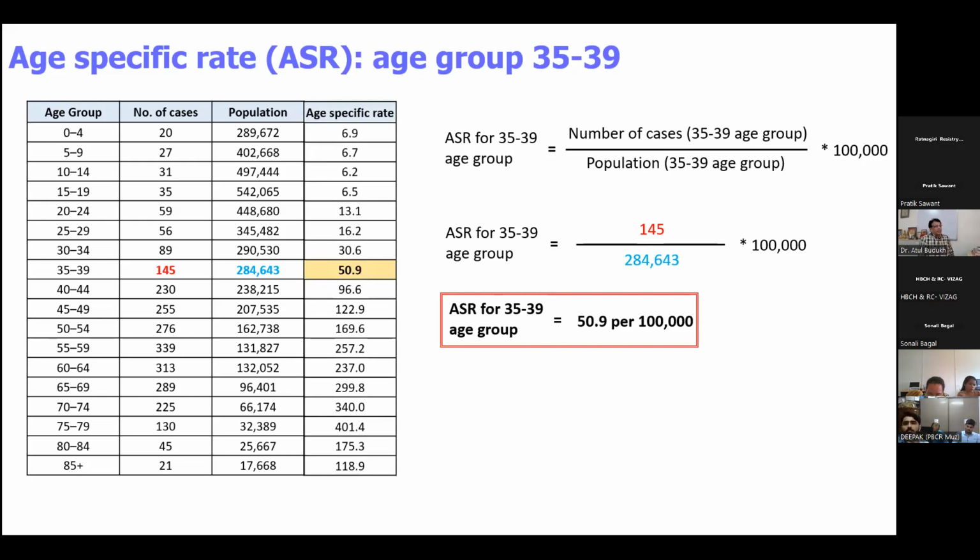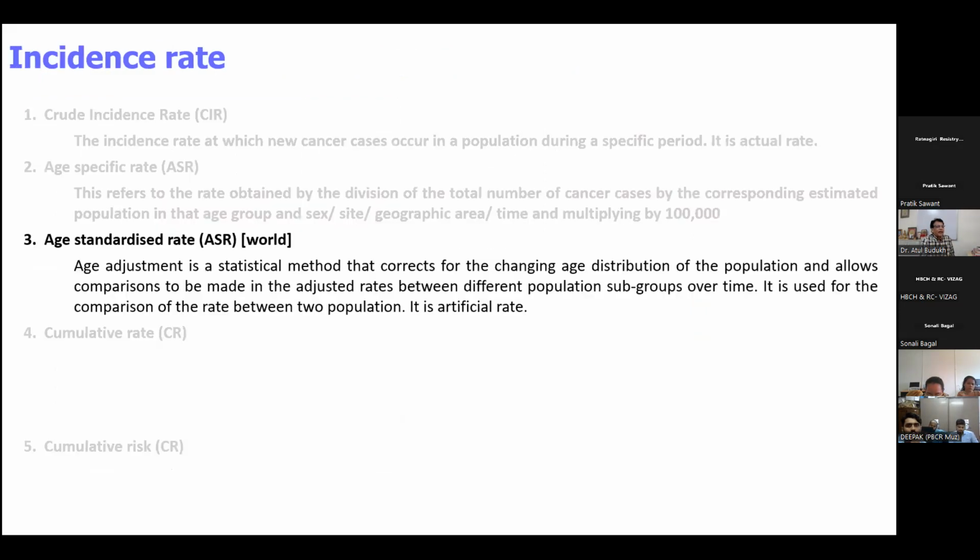For the 0 to 4 age group, 20 cases, the population is 289,672. So 20 divided by 289,672 times 100,000 is the age specific incidence rate for the age group 0 to 4. And this is quite difficult.